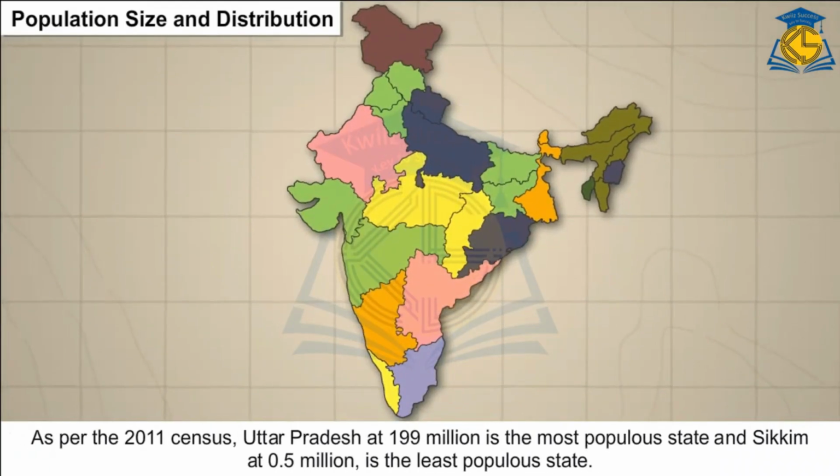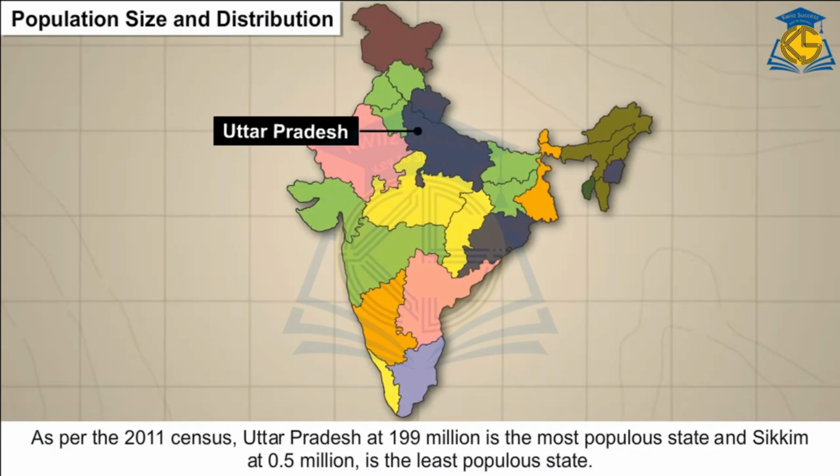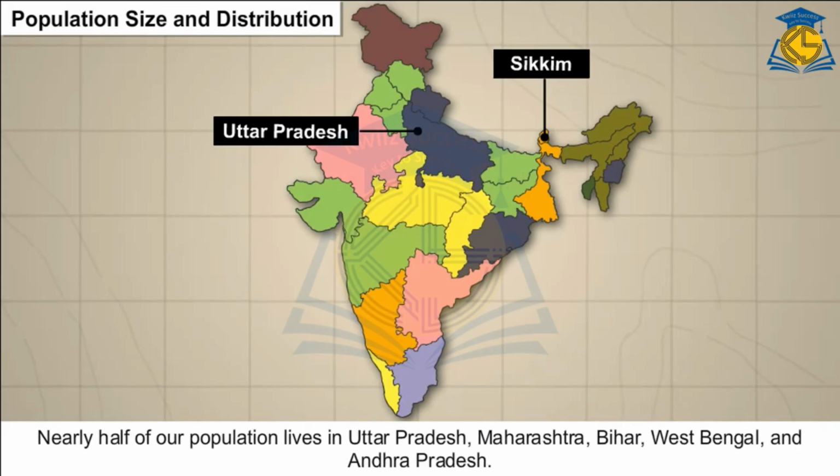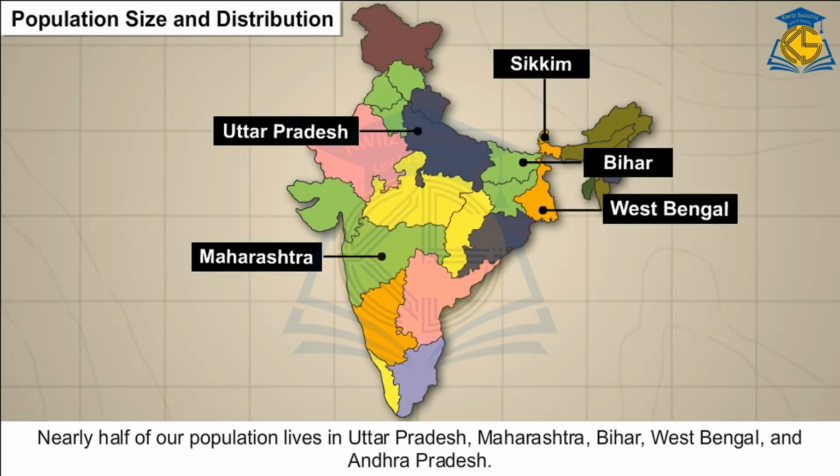As per the 2011 census, Uttar Pradesh at 199 million is the most populous state and Sikkim at 0.5 million is the least populous state. Nearly half of our population lives in Uttar Pradesh, Maharashtra, Bihar, West Bengal and Andhra Pradesh.